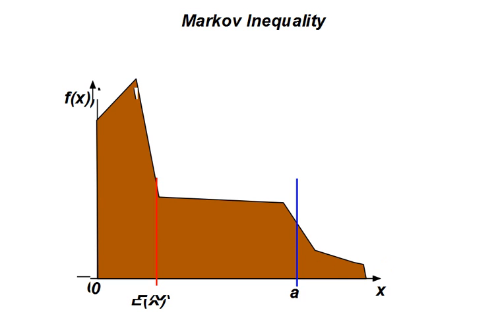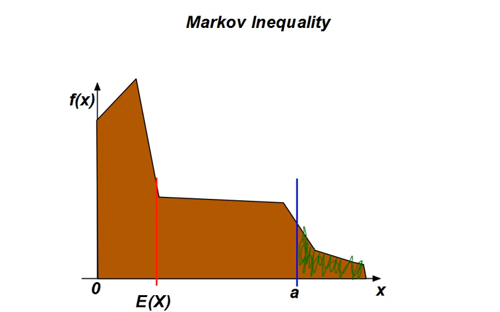Okay, so the way that we think about it is that we want to bound the probability of this region over here that I marked with green, and we are going to lower bound the expected value using this region and then using this region. Okay, so these two regions together make up the whole distribution.